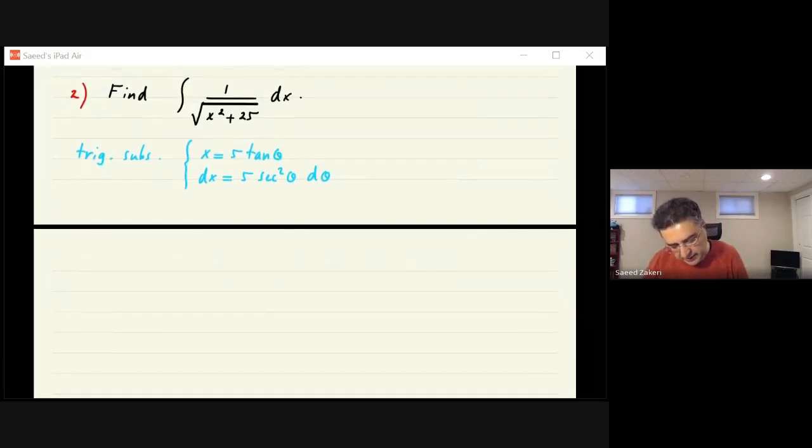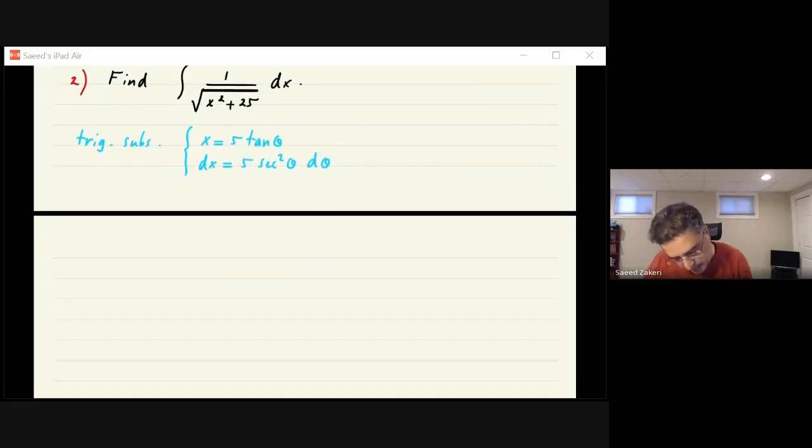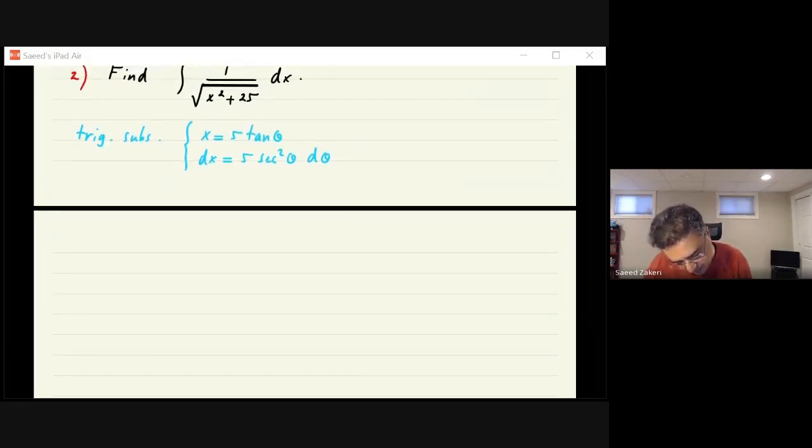Okay, so let's perform this. The integral will be, so on the bottom I have 25.